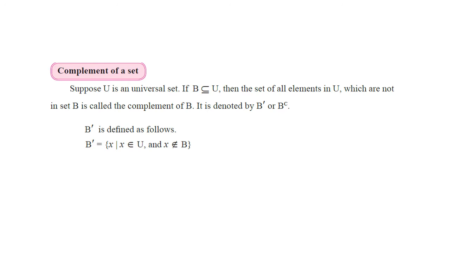B dash is a set of elements x belonging to the universal set and x does not belong to the set B. So students, for understanding the concept of complement set, I will give you the example of students of 9th standard. Let's take the same example.